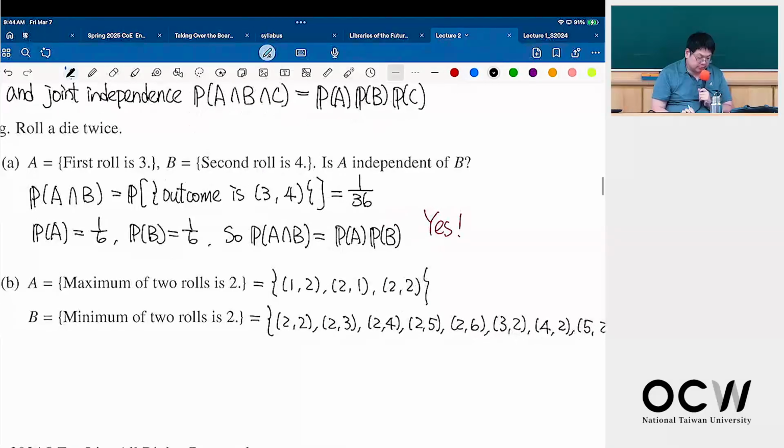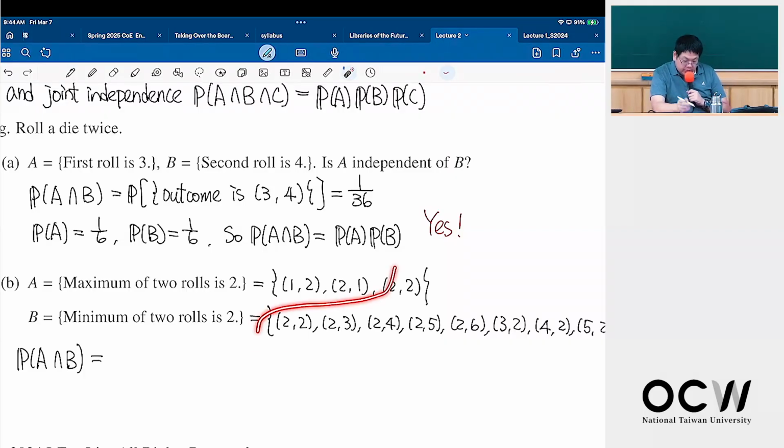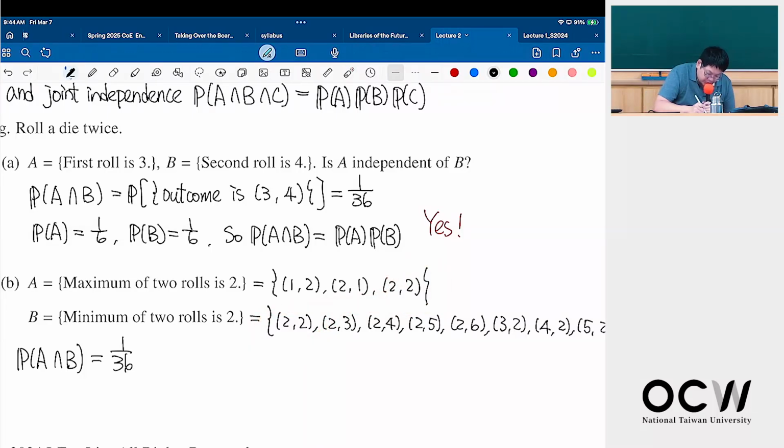So now let's see the probability of A intersect B. What is this? Only 2, 2. That will be 1/36. Probability of A, here 1, 2, 3, so 3/36.